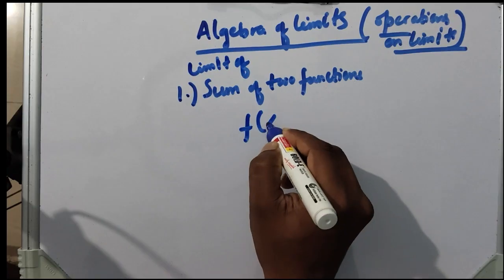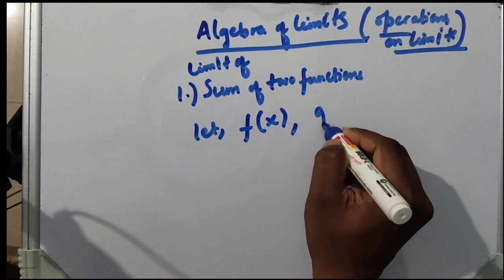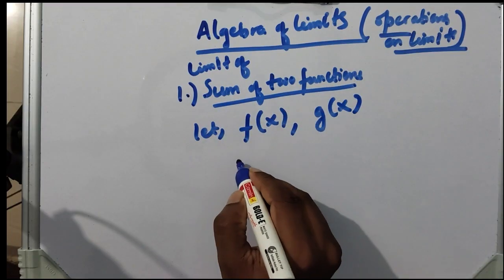Suppose f is a function and g is a function. So what is the limit of the sum of two functions?